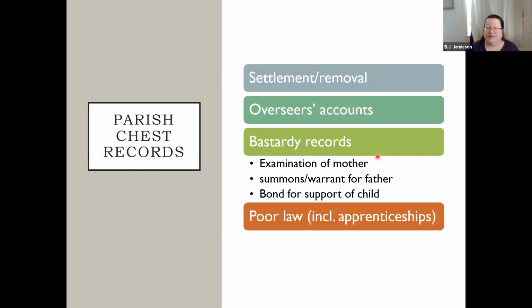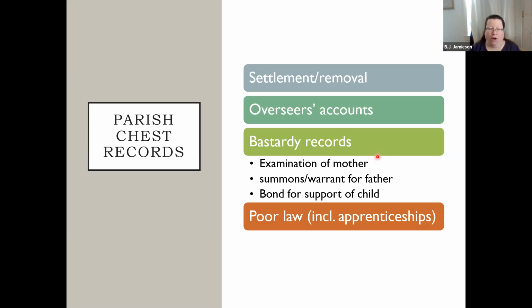So the parish doesn't have to pay for the child. So in a lot of cases, you'll get the examination of the mother, a summons to the father, and somebody, either the father or another relative, putting up a bond saying, we will support this child, so that the parish doesn't have to. Does that make sense? That they didn't want to pay for children they didn't have to?